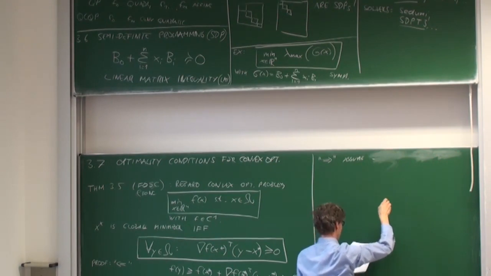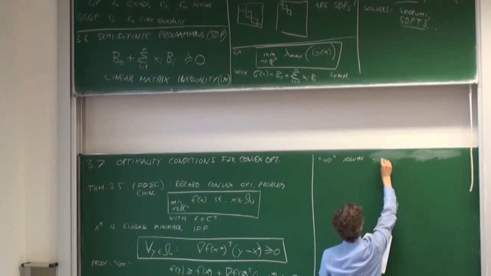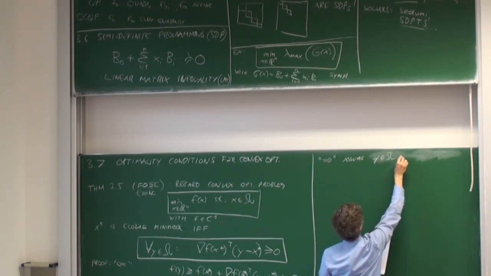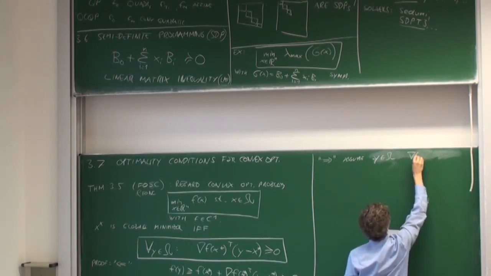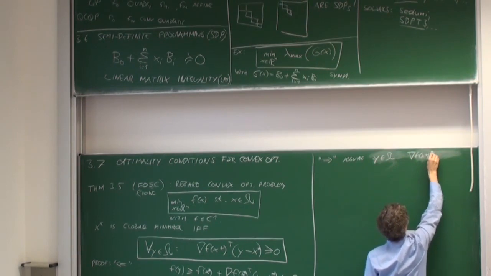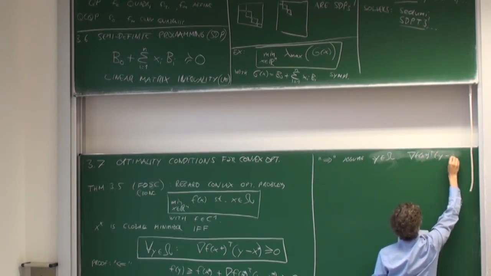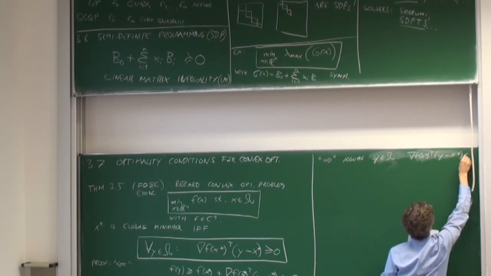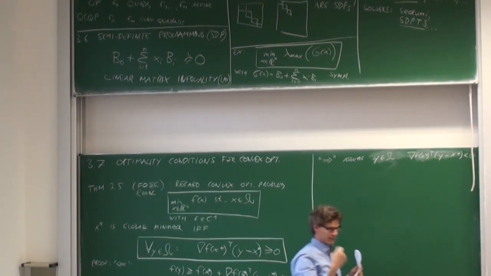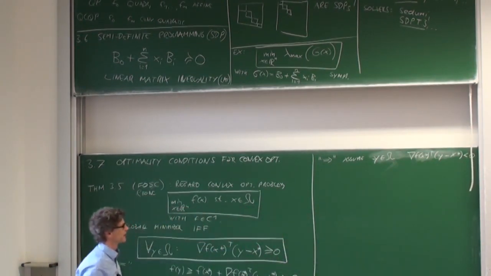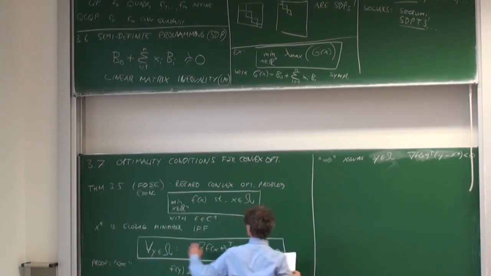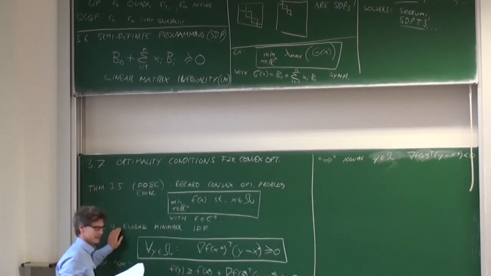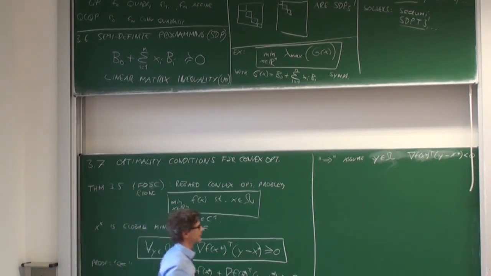Let's assume that we have a y in the feasible set where this certificate is not holding, so where this thing is strictly smaller than 0. So we have a point which doesn't satisfy this condition, and then we have to show that there exists a better point, so it cannot be a global minimizer. And then we have proven the other direction.